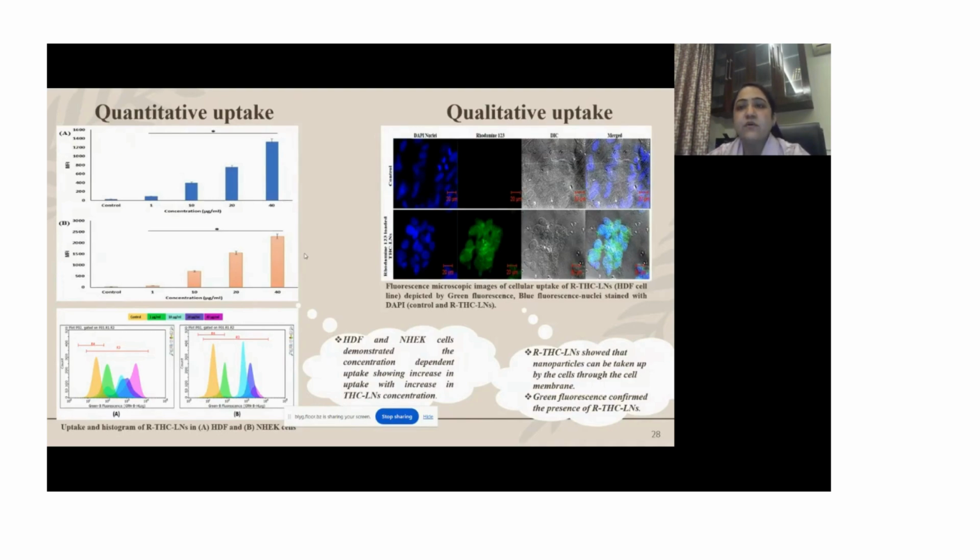In terms of qualitative uptake, rhodamine-labeled THC SLNs, that is rhodamine dye, I have used for this study, showed the nanoparticle can be taken up by cells through the cell membrane, and the green fluorescence you can see confirms the presence of rhodamine THC SLNs, that is tetrahydrocurcumin lipidic nanoparticles.